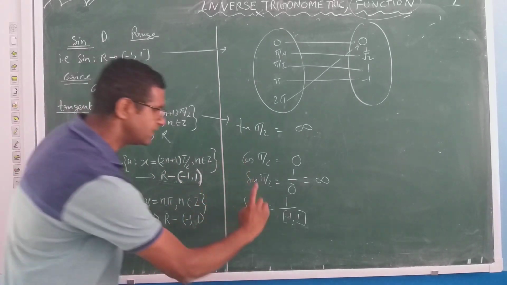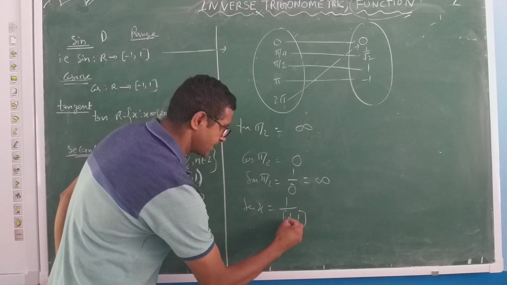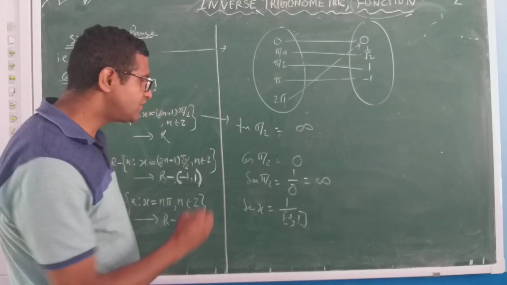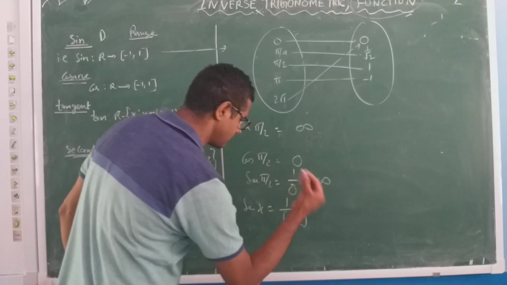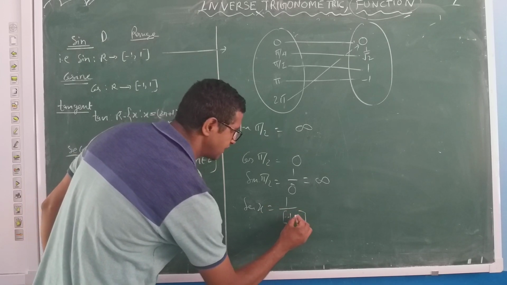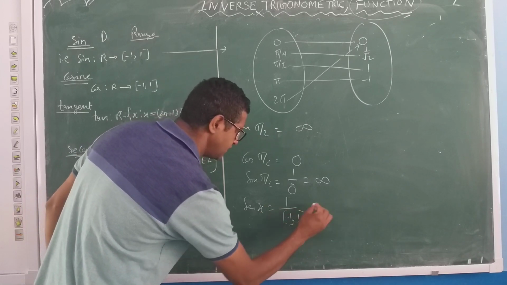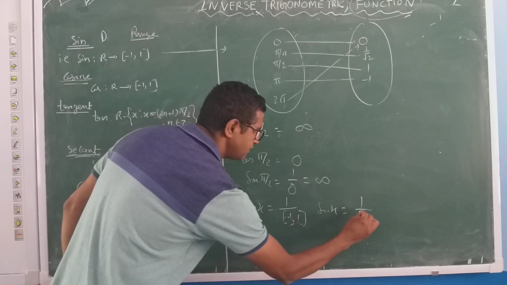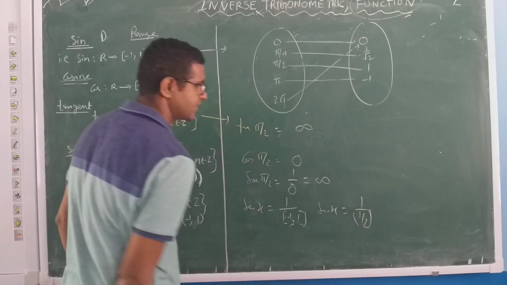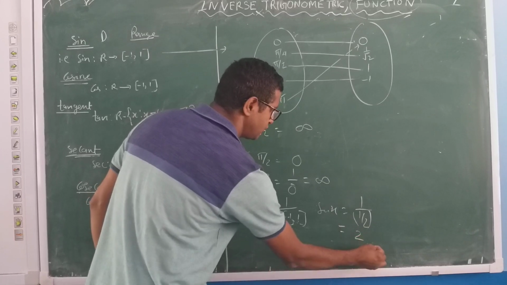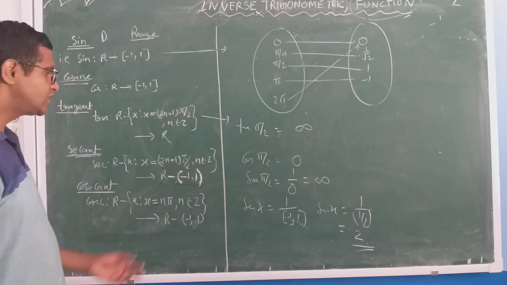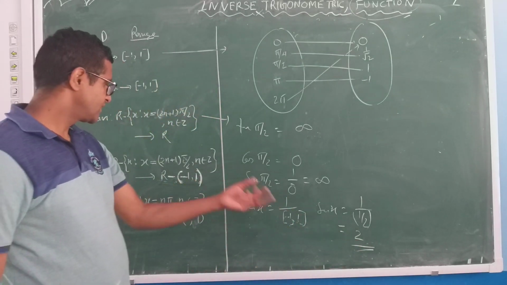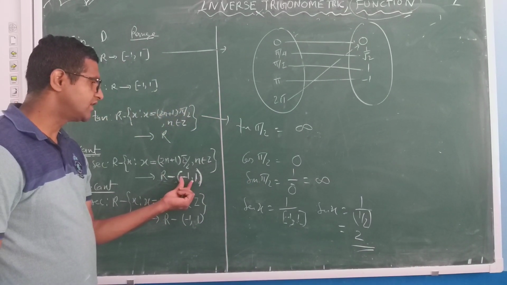For sec x, if you put a value between -1 and 1, what will it be? Observe, let us suppose the value is 1 by 2. What will you get? It will be 2. So you will not get any value between -1 and 1.